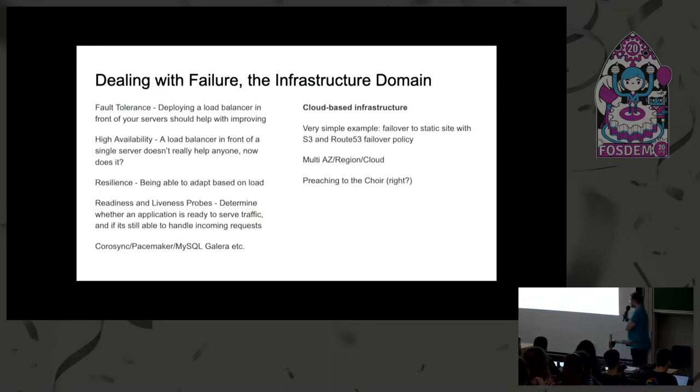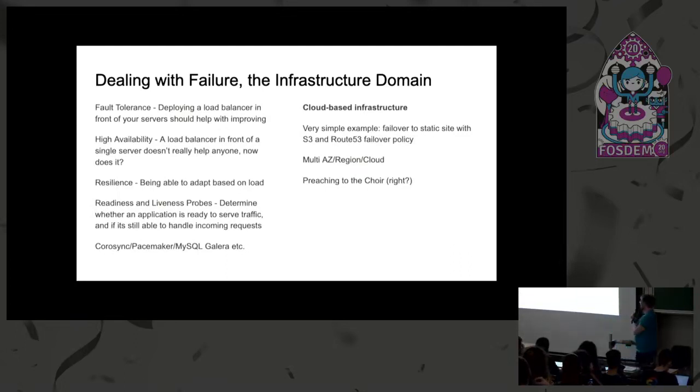The liveness probe, on the other hand, is more important over time, where you're wondering, is this server still able to handle incoming requests? Maybe, indeed, the disk ran full, and it's no longer able to handle incoming requests. A liveness probe can tell you, hey, this server is not healthy anymore, let's replace it with another one.